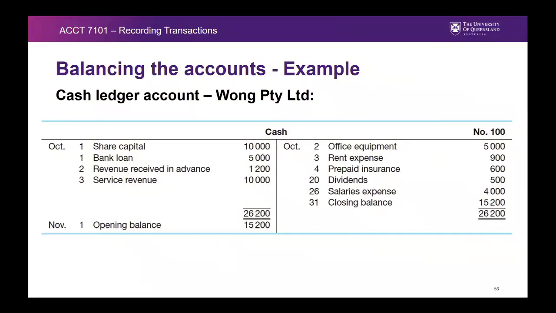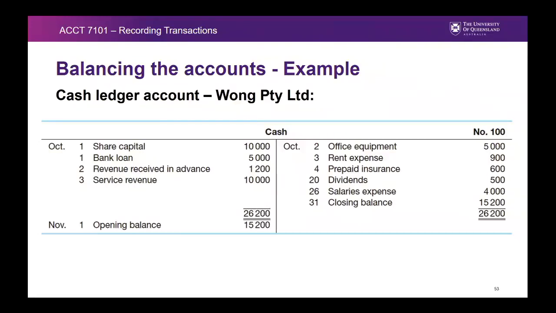Here they've balanced both sides to 2,600 and then transferred this as the opening balance the next month, 1st of November. They've just done a little bit of extra accounting in terms of rolling over. It's called the process of transferring or rolling over the closing or ending balance in October to November.